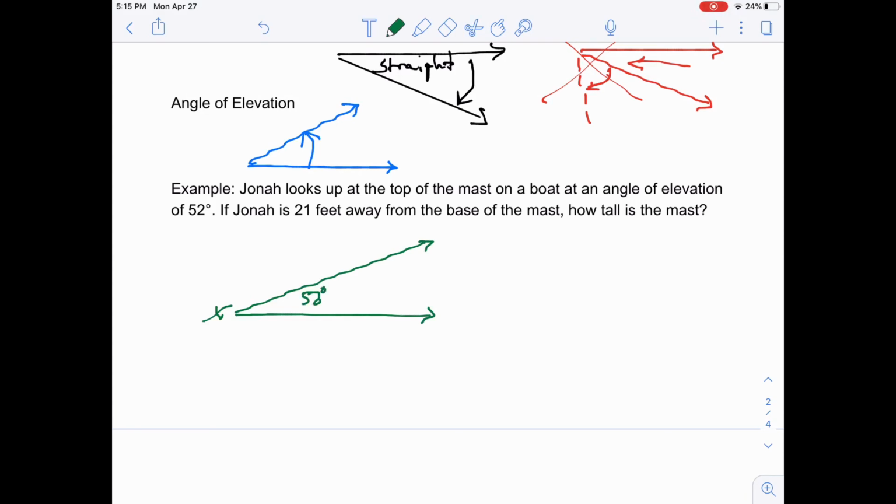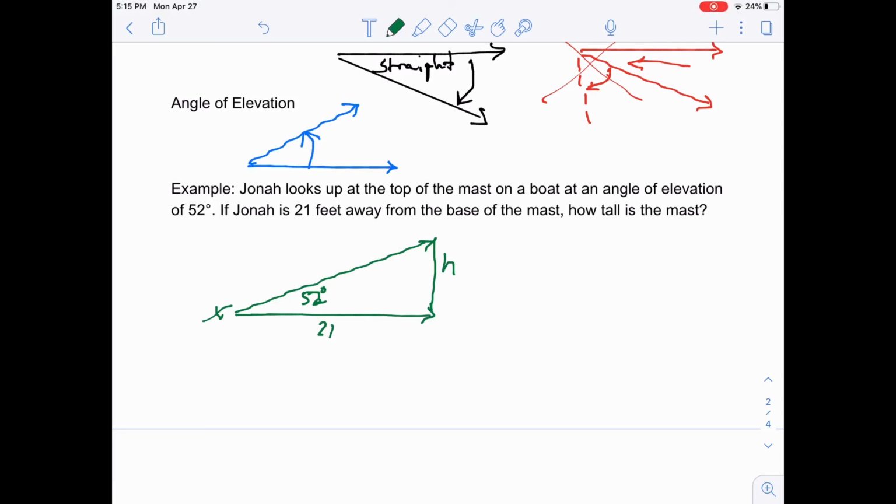That's our angle of elevation. Now the mast here, it's got a sail on it or whatever. It says if Jonah's 21 feet away from the base of the mast, so this is 21 feet, this is 52, and how tall is the mast? I'm going to call that h for how tall the mast is.